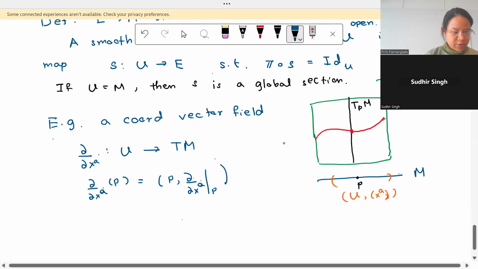Let me write down some notation that I will use later.